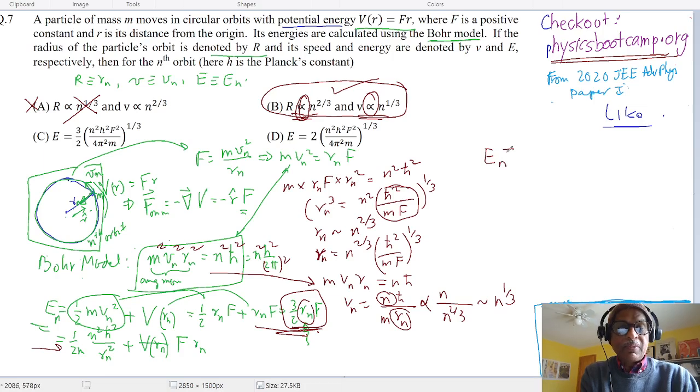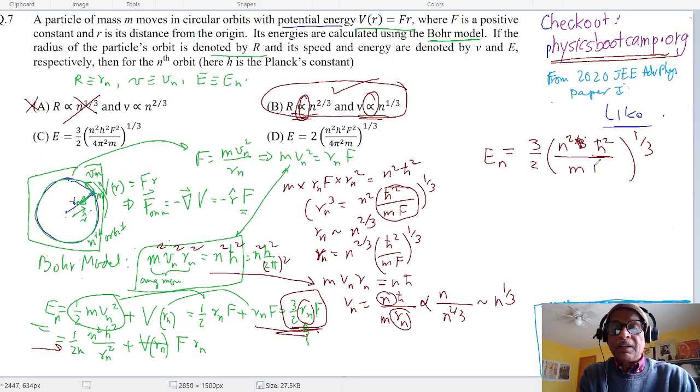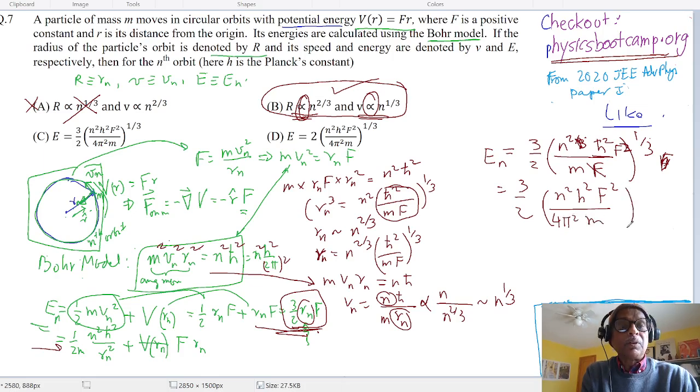So En equals 3/2 times Rn, which is n to the power 2/3, n square h bar square over mF to the 1/3, times F. If I bring F inside, that becomes F cube to the 1/3, and after cancelling it becomes n square h bar square F square, so En equals 3/2 times n square h square F square over 4 pi square m, all to the 1/3.